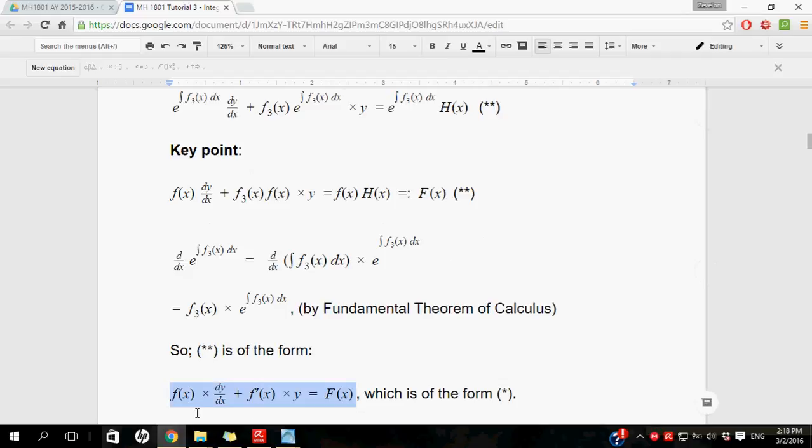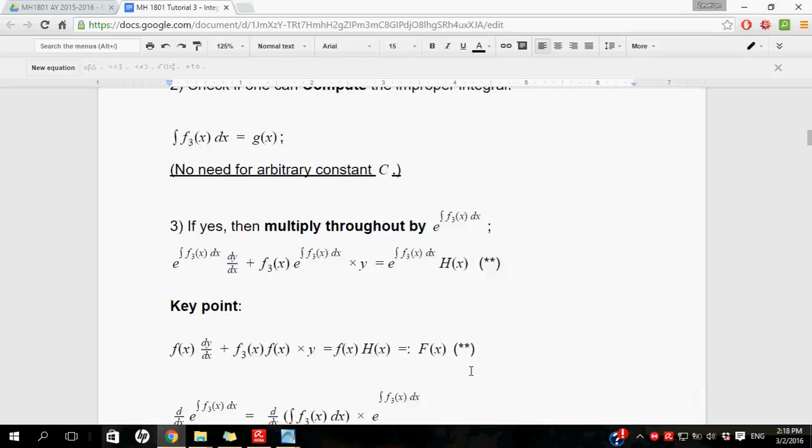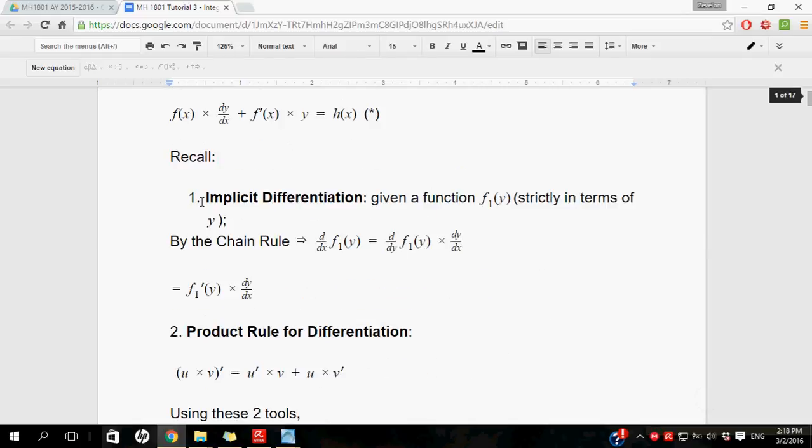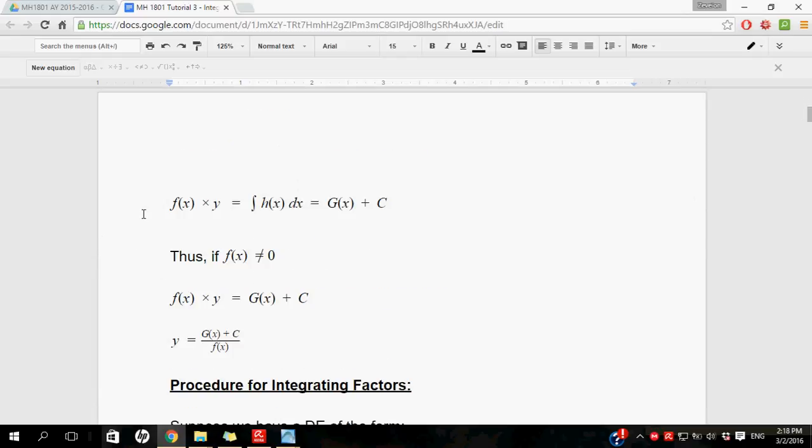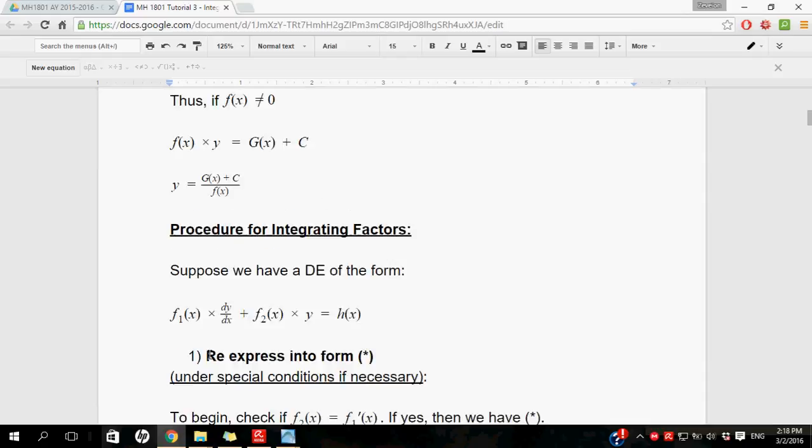f of x in our story is precisely our integrating factor, e to the integral of f3. And we have gotten our differential equation into the form that we want, so that we can apply the procedure from above to solve the differential equation. We can get to this stage, integrate, and solve for y as we did before.